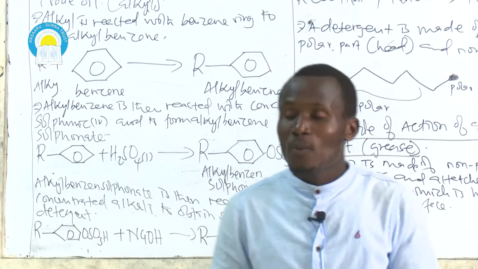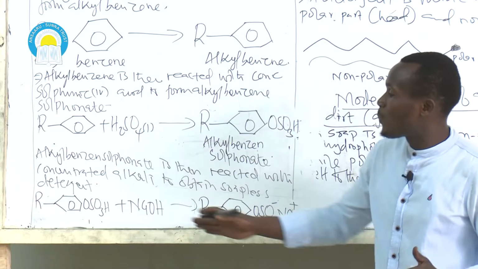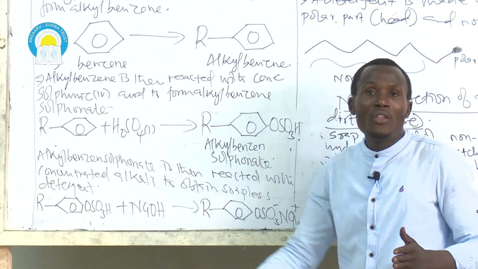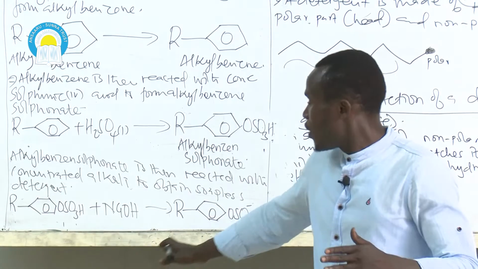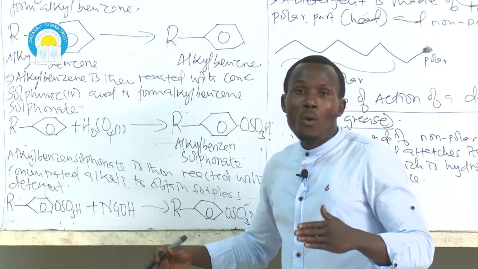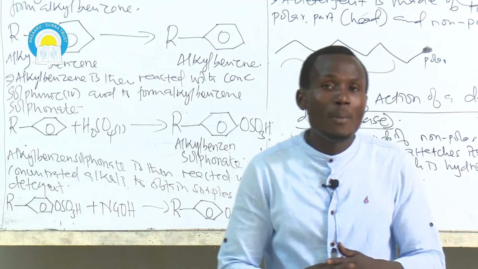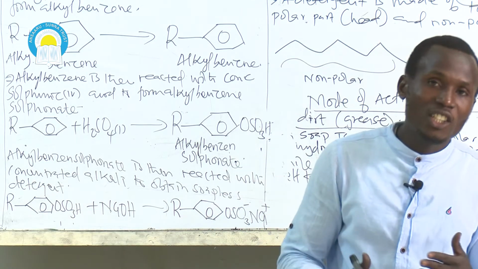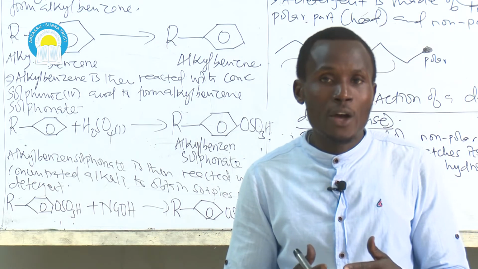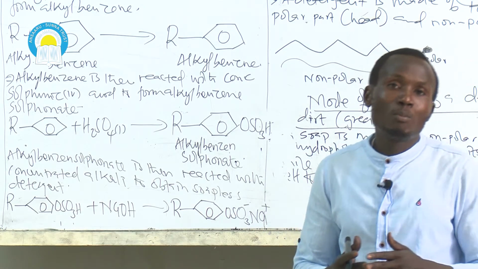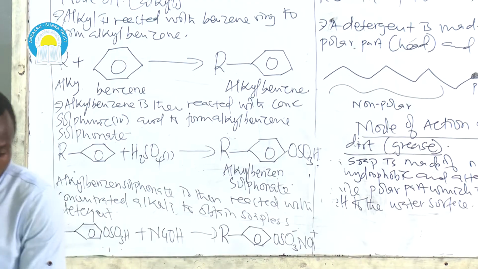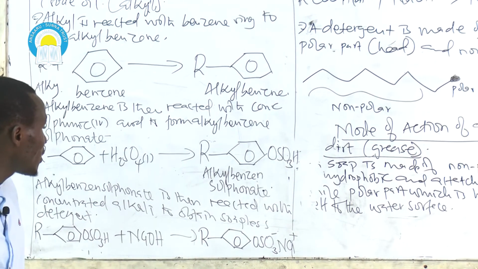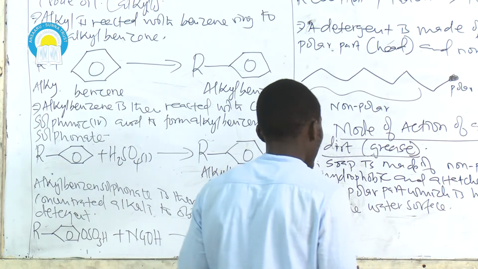This is because after the preparation of this detergent, other substances are added to it, so that when it is used, it cannot form a precipitate with the calcium or the magnesium ion. And the substance being added is known as tetraoxosulfonate.